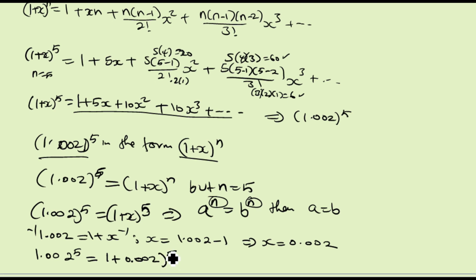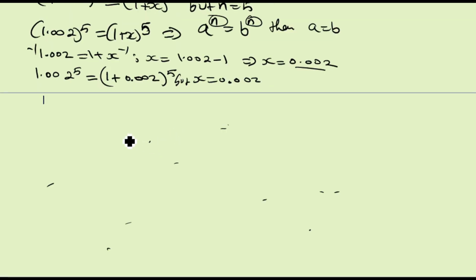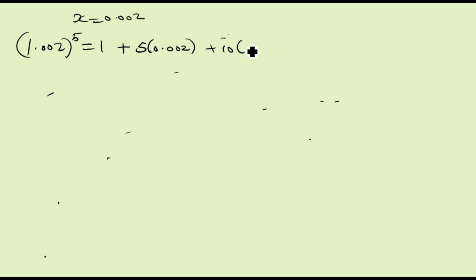And substituting x equals 0.002, because we found here that our x is 0.002, in our equation, it means that 1.002^5 should be equal to 1 + 5x, but our x is 0.002, and then plus 10x^2, where we shall have 0.002 squared, and then add 10 into x^3, that is 0.002 raised to power 3, and so on.